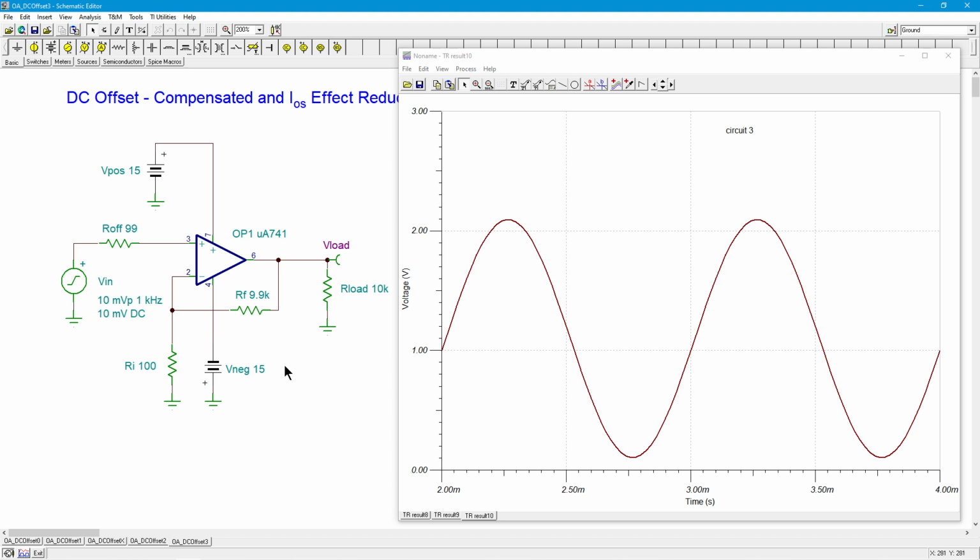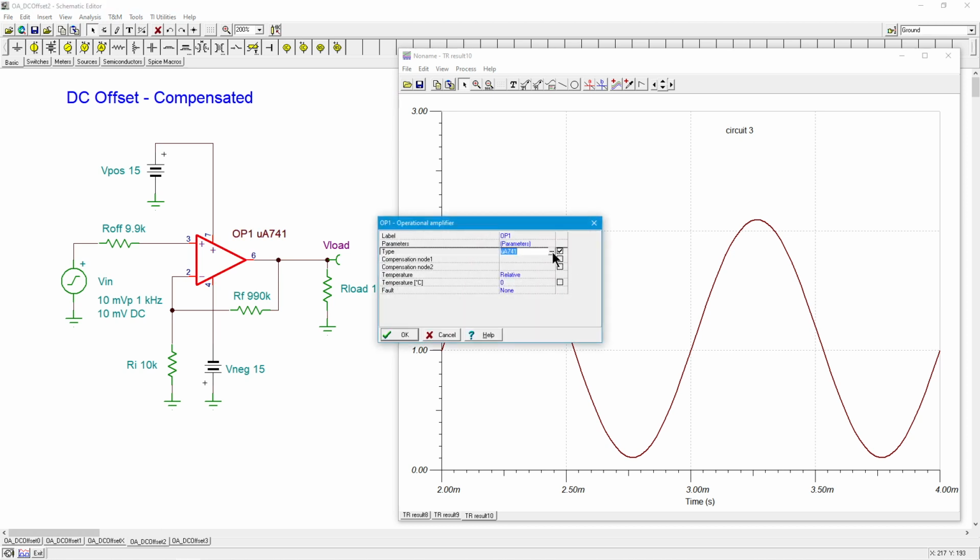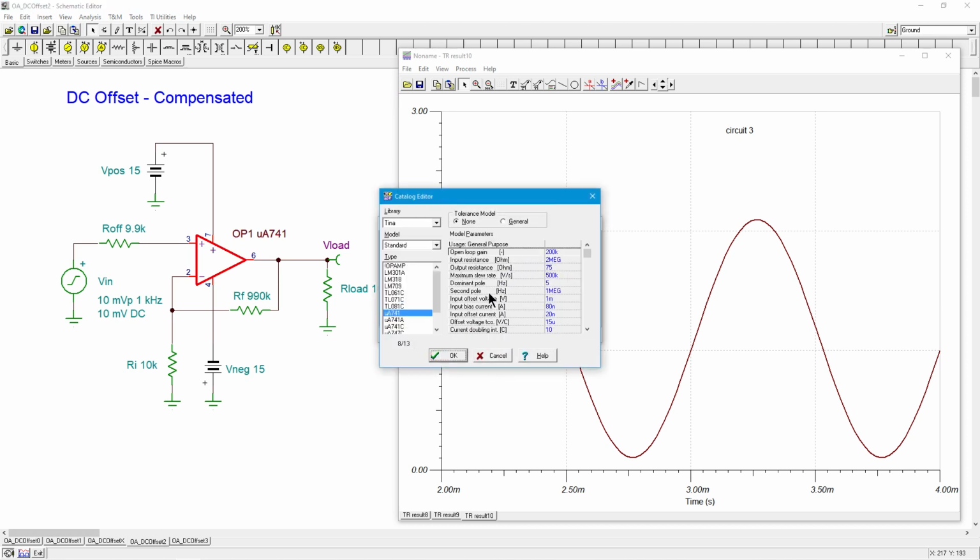All right? So I'm going to go back to circuit number 2, and we're going to do a little mod on this. I'm going to go into the 741 and actually look at the spec values. You can see the input offset voltage is spec'd at 1 millivolt. The bias current is 80 nanoamps, but the offset current right here, input offset current, that's IOS. So what I am going to do is turn that into a negative value.